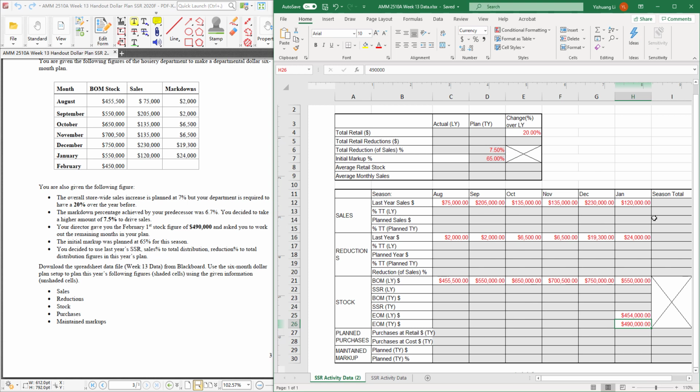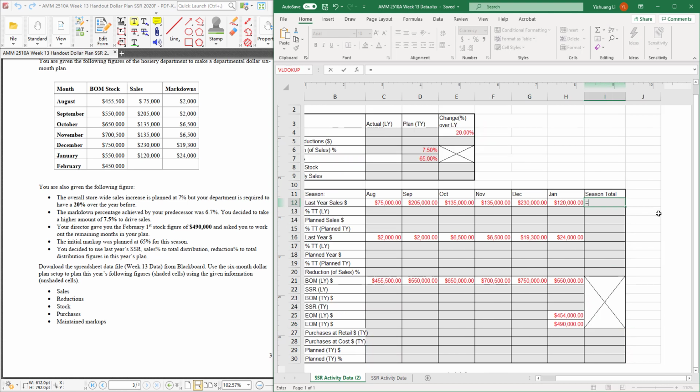So the very first step I would like you to do is to find a seasonal sales total using the sum formula. Now we know that last year the total sales in the fall is $900,000. Okay.